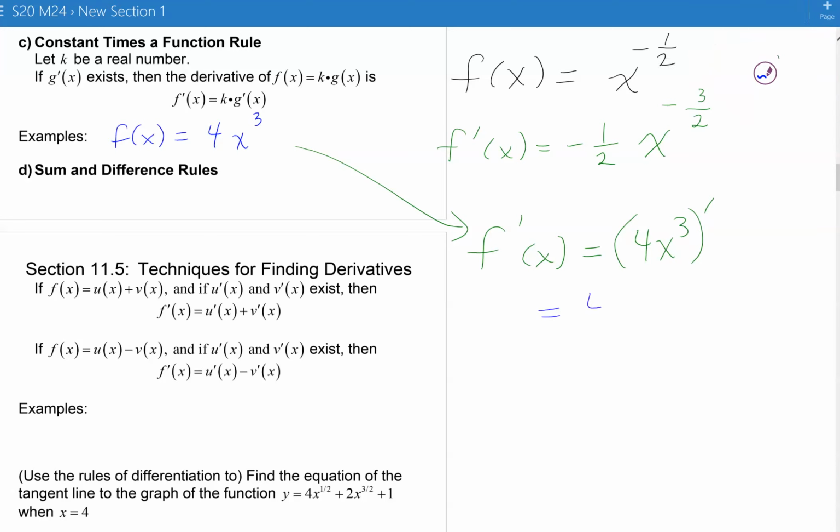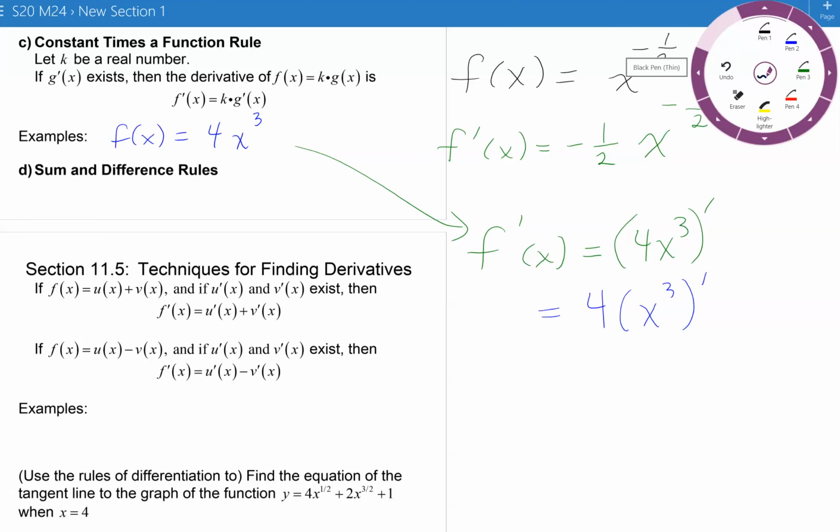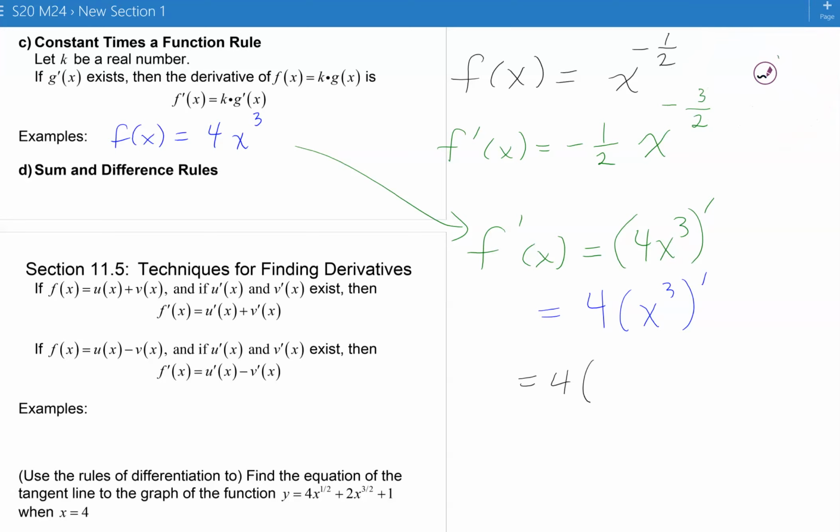This property says the 4 comes outside. So if you think back to how you did the derivatives the long way, we're basically saying you could factor out the 4, put it over to the side, do all the work, and then put the 4 multiplier back on at the end. So this is a power rule problem. So I have 4 times the derivative of x cubed is 3x squared. So that's going to give me 12x squared.